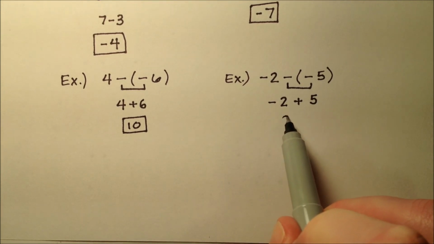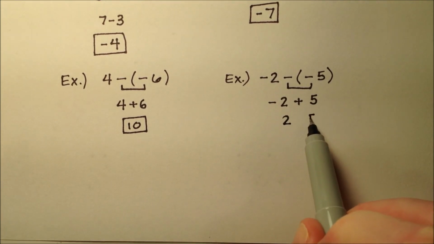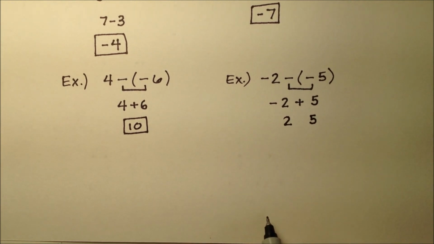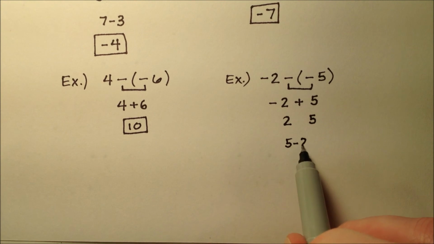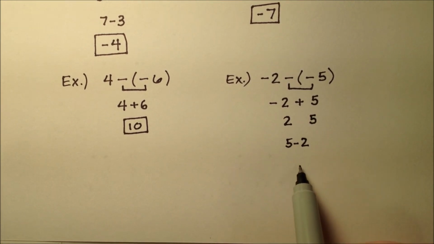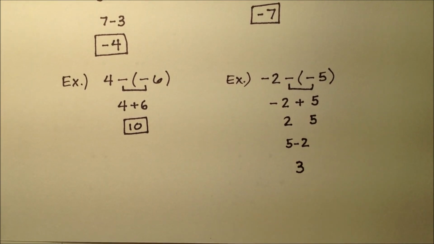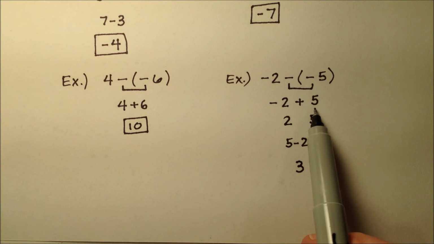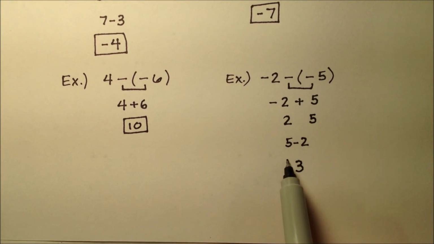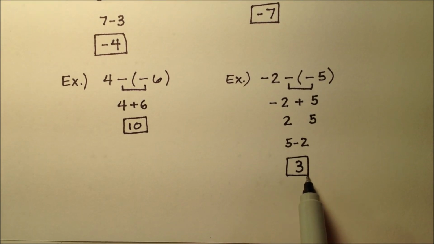The absolute value of negative 2 is 2, and the absolute value of 5 is 5. So when I subtract these, I'm going to say 5 minus 2, since 5 is bigger than 2, and that's going to be 3. And I'm going to keep the sign of the larger. 5 was larger than 2, so its original sign was a positive. So this 3 is going to be a positive 3.